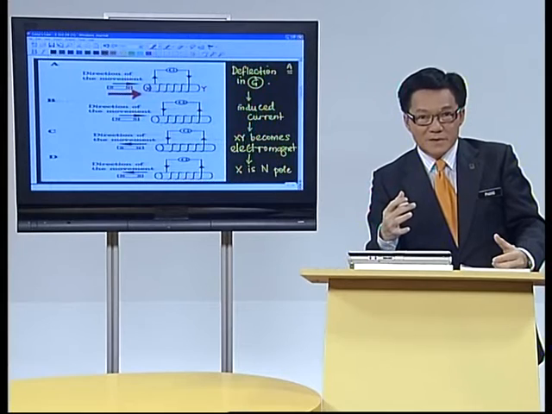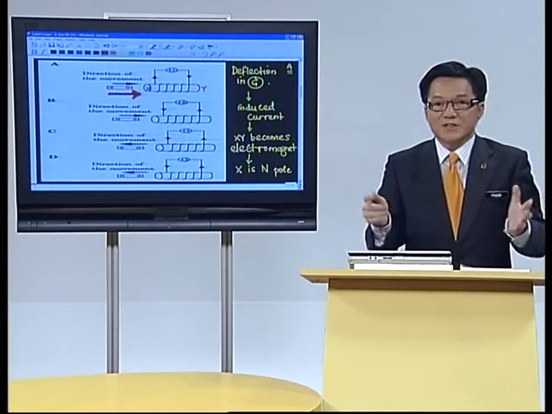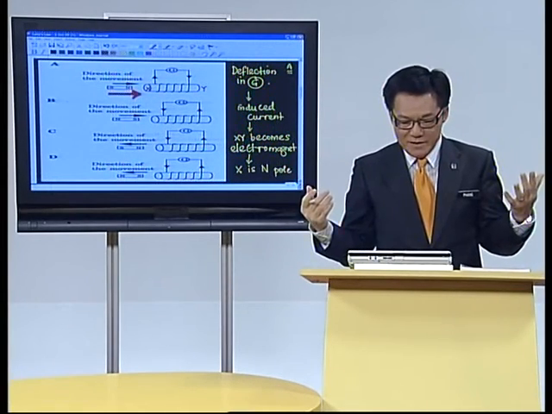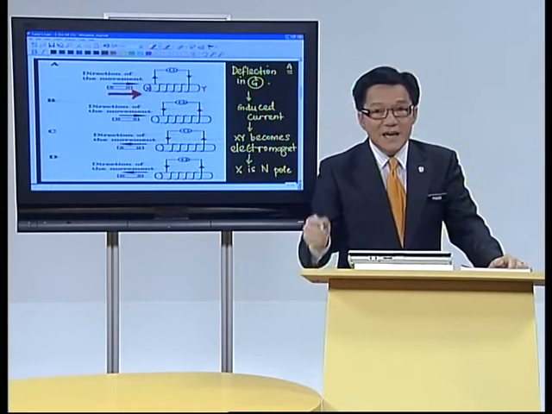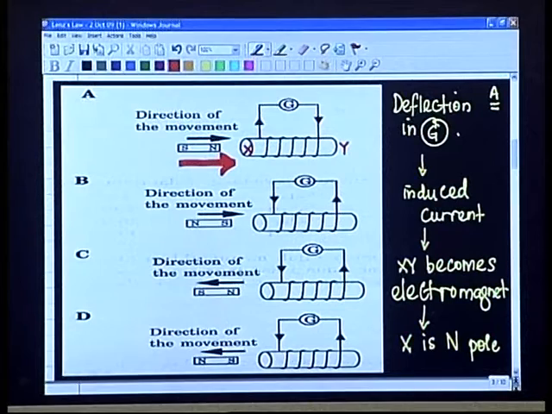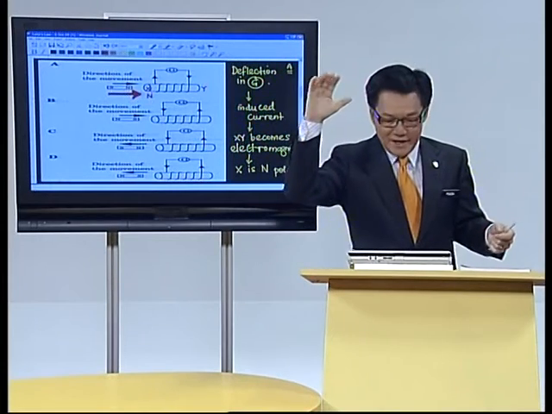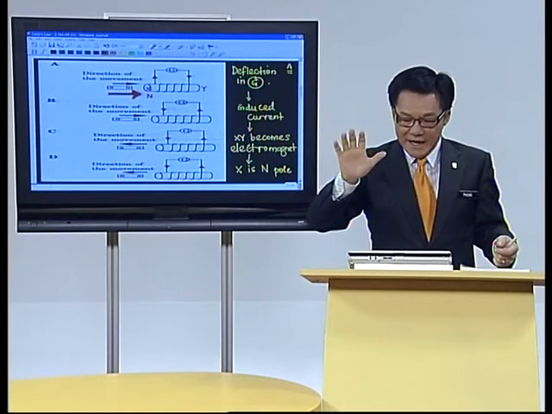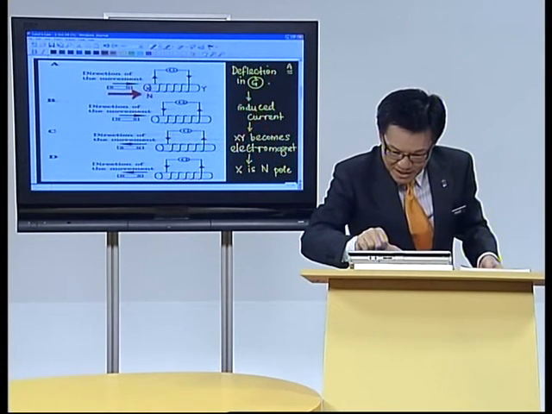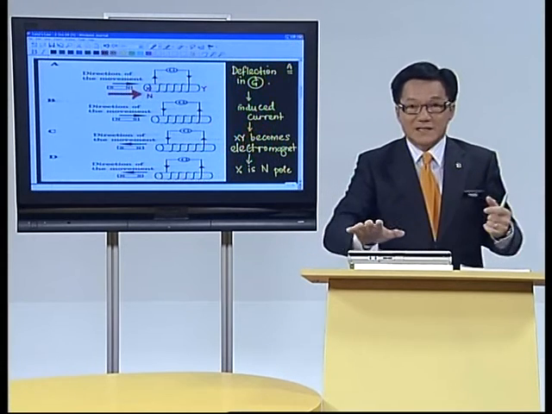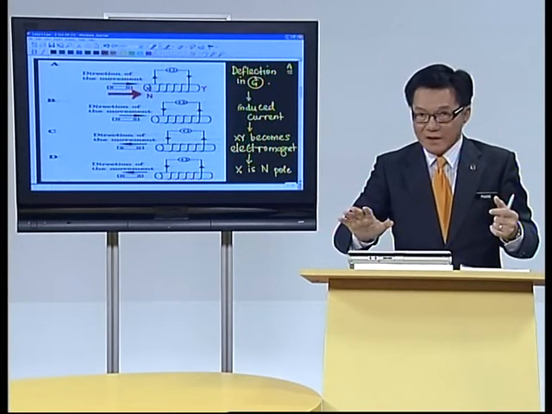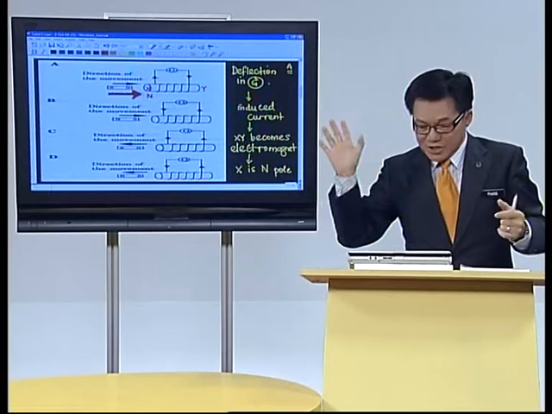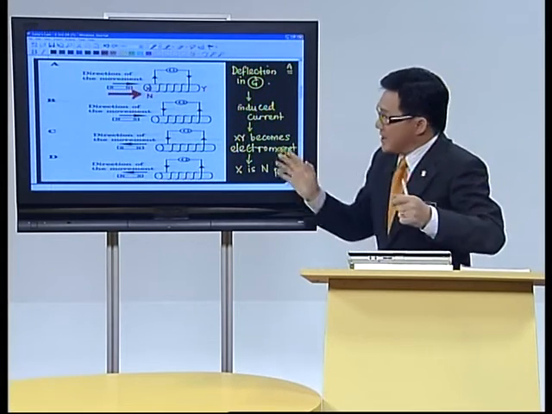Now we have to determine, okay, so far I understand. So now we have to ask, is A the answer? Now I'm going to write down X, this is the north pole. So now we take our right hand. I'm going to put it at X. I'm going to use it on the screen so that you can see it.